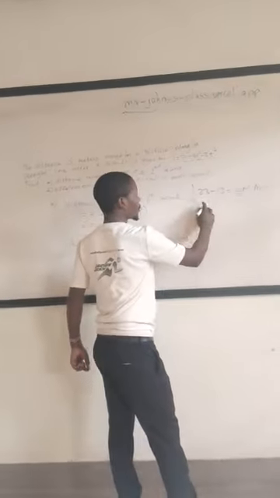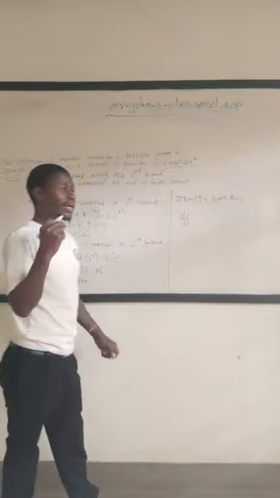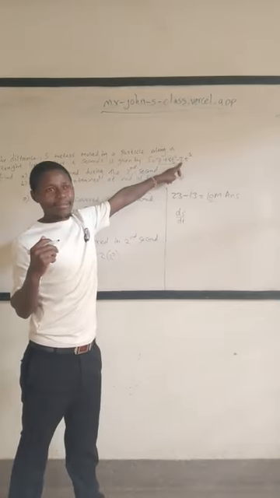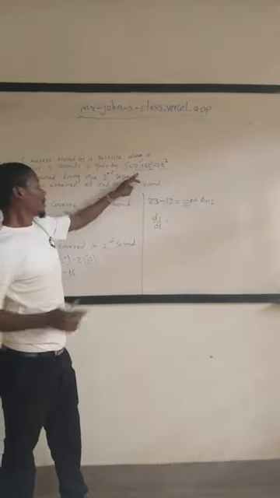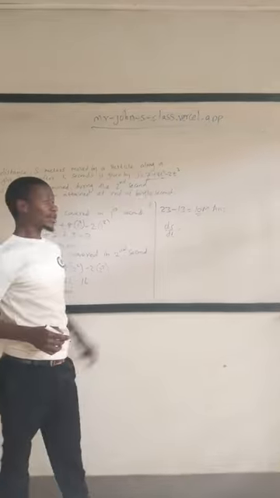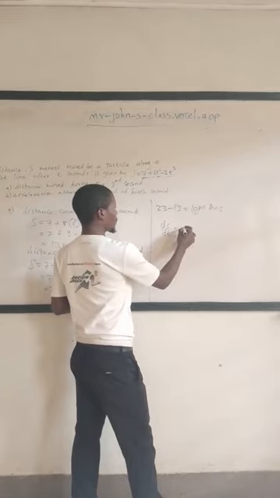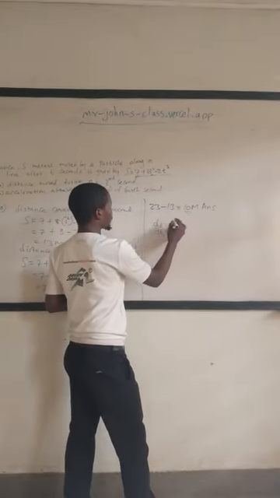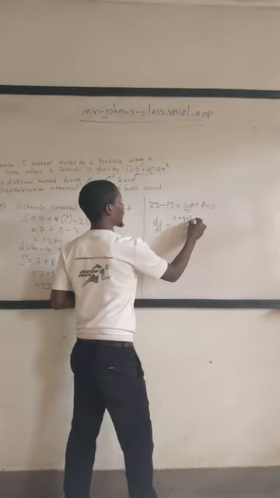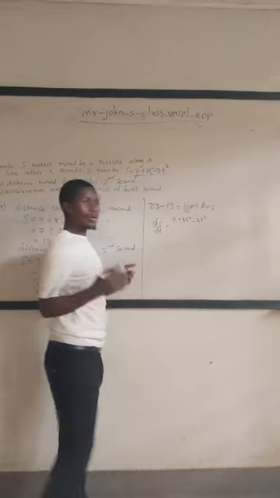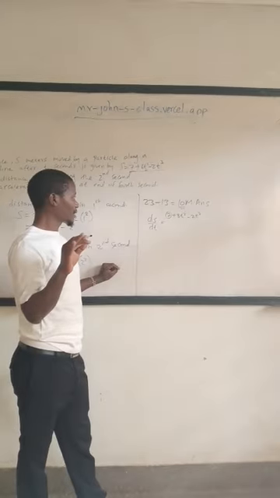So we say ds over dt. We are differentiating distance with respect to time to get the expression for speed. ds over dt should be equal to, 7 is a constant, so you can just forget about it a bit.